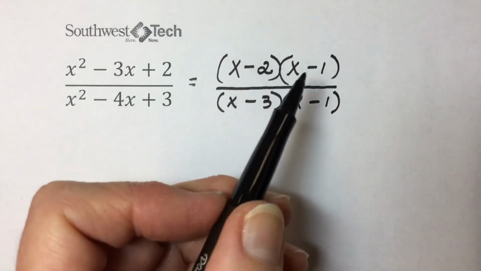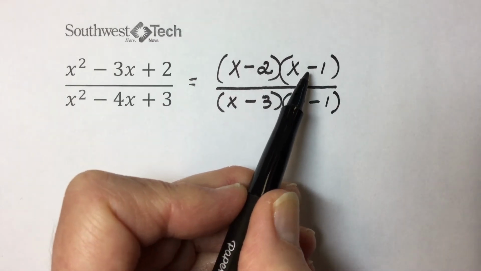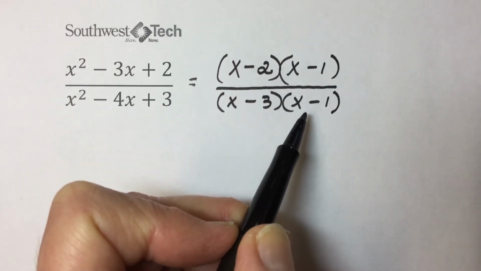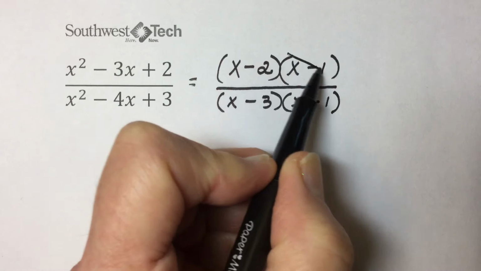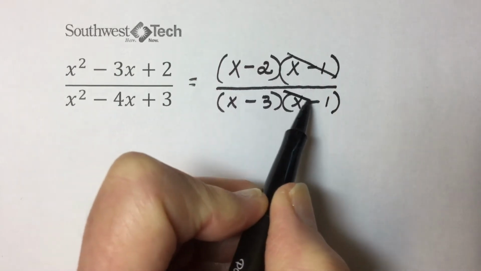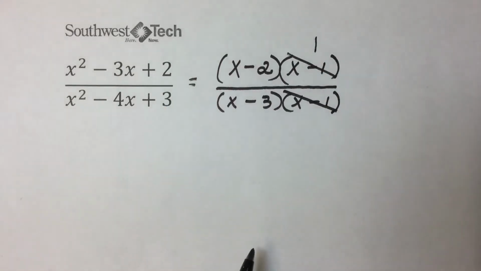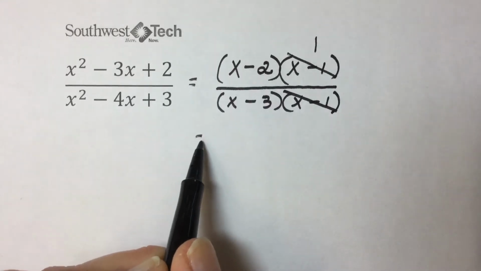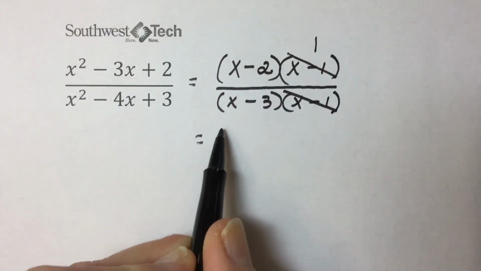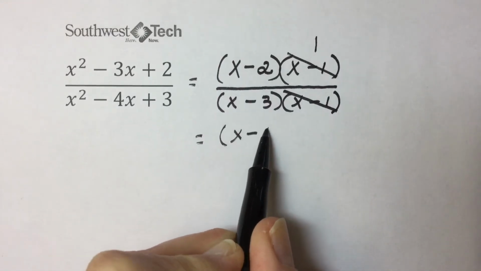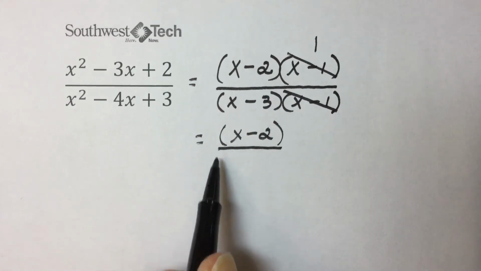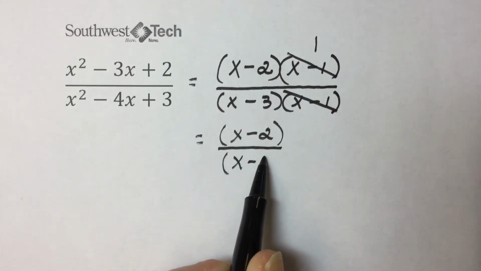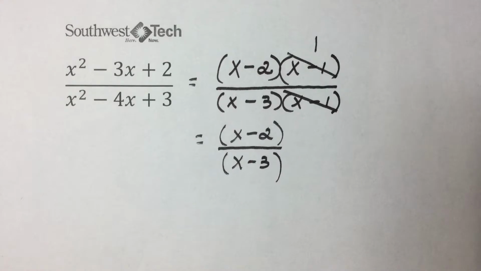And that occurs when we have the same factor in the numerator as the denominator, which here we have x minus 1 over x minus 1 is equal to 1, leaving a final value of x minus 2 factor in the numerator and an x minus 3 factor in the denominator.